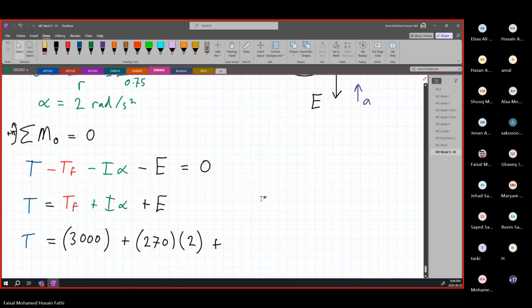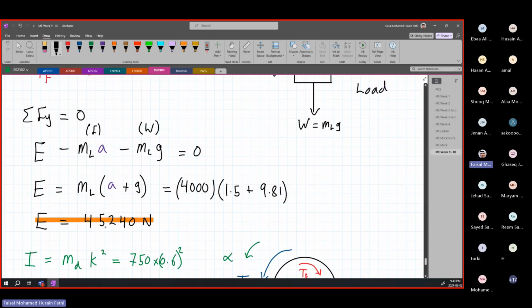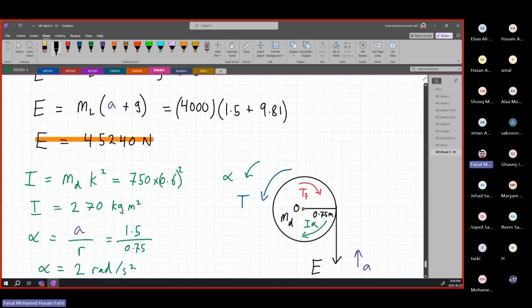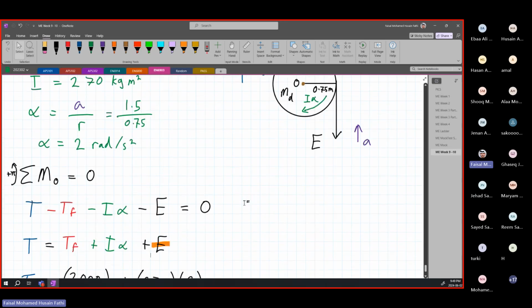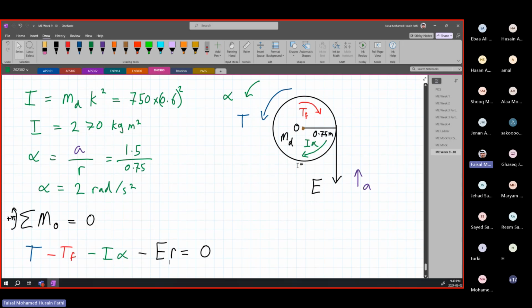This is the value for E, which was 45,240. Yes. All right. I forgot one more thing, the radius. This is E times R, because this is a force, and then we need to multiply the force by the radius to get it in Newton meters, or to get the moment about it.